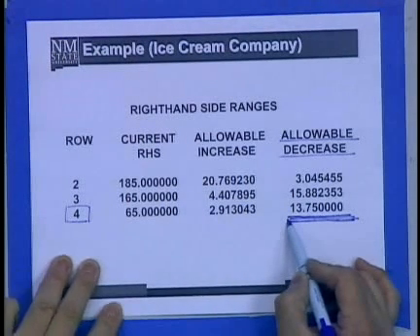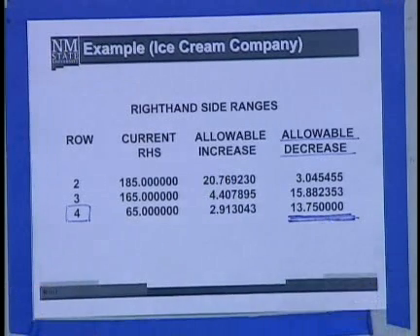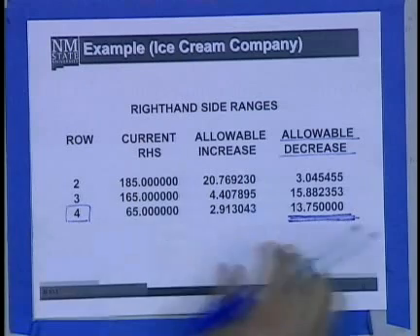So the current dual price for row number 4 is still valid. Is that correct?